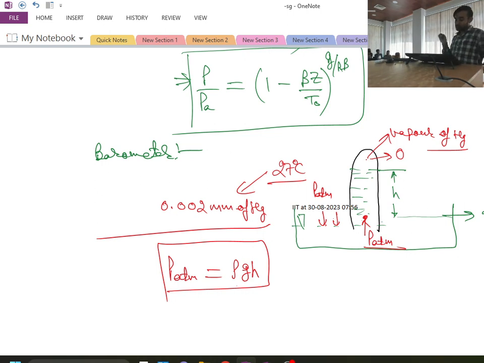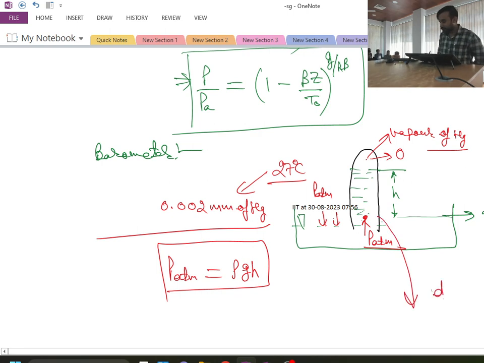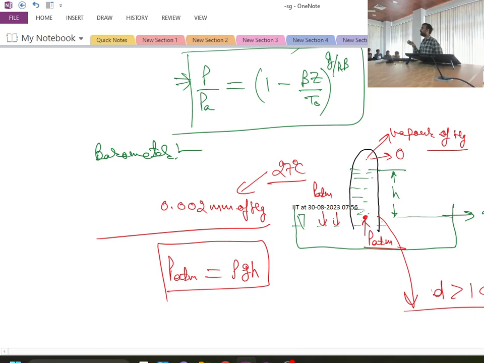When we are using the barometer, we have to keep some considerations in mind. First, the diameter of the tube should be greater than 1 centimeter. If the diameter of the tube is less than 1 centimeter, then there can be capillary rise or fall. So if I am considering any diameter less than 1 centimeter, I have to use a correction factor of capillary rise or fall in the estimation of h.